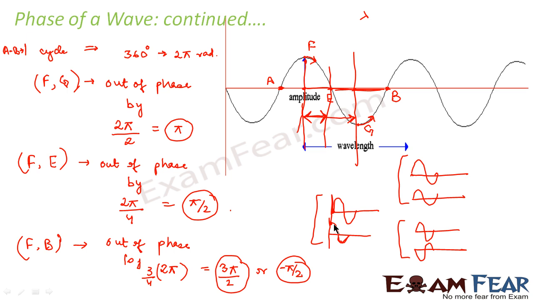We say two points are completely out of phase when their phase difference is pi. If it is something less than pi, then we say that it is partially out of phase. So point F and G here are completely out of phase, but if you see this point, then it is partially out of phase.